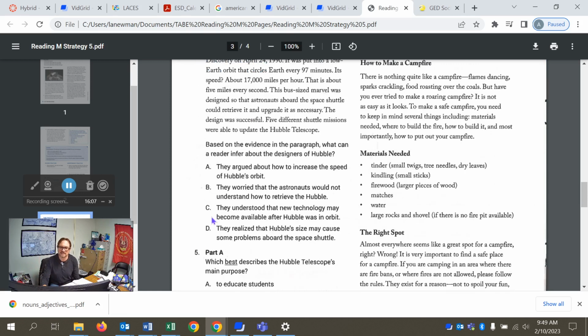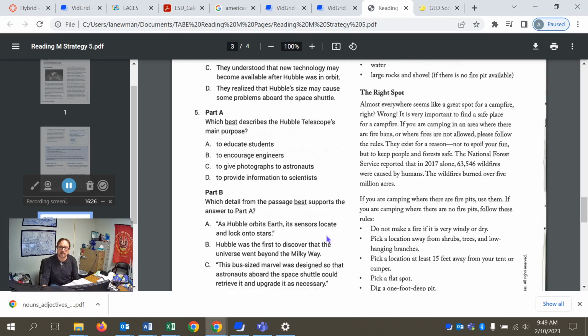And so our answer here is C. They understood that new technology may become available after Hubble was in orbit. They knew this at the beginning, so they designed it in a way that it could be retrieved and upgraded periodically after launch.